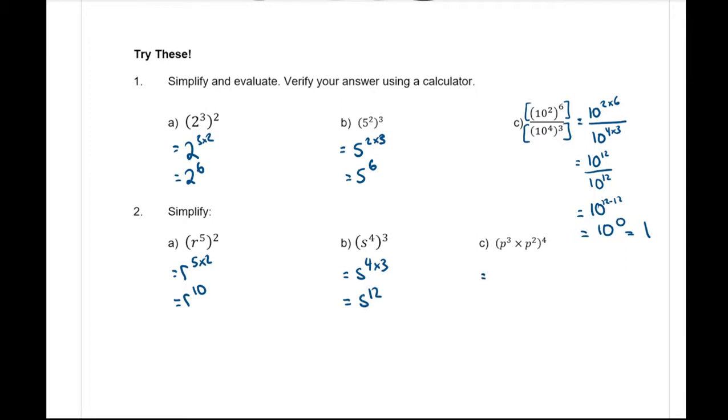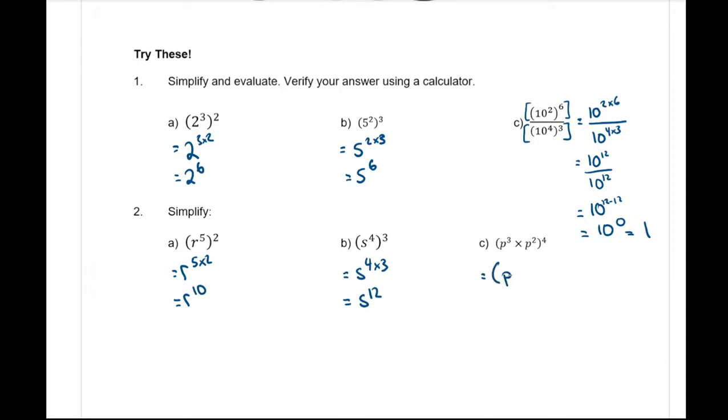And finally for c, p to the power of 3 times p to the power of 2, all to the power of 4. I need to use my BEDMAS or order of operations. I need to simplify the brackets first, which is a multiplying of powers, which is different from a power of a power.